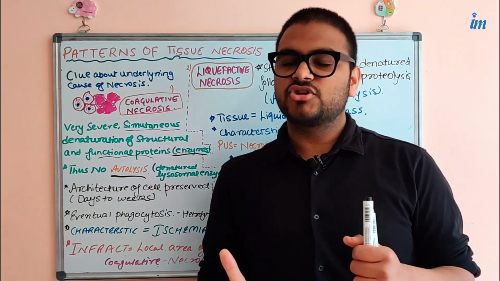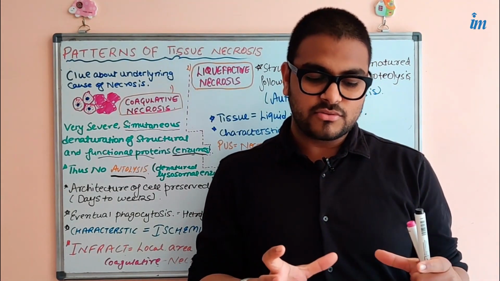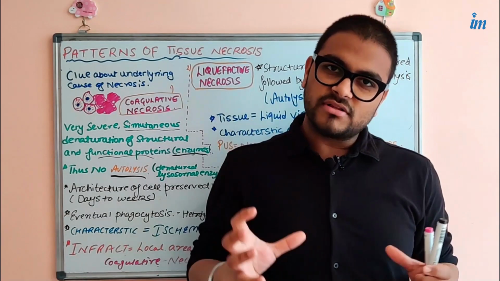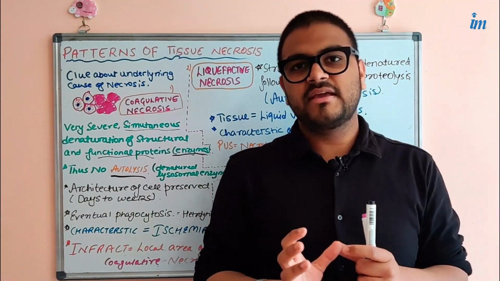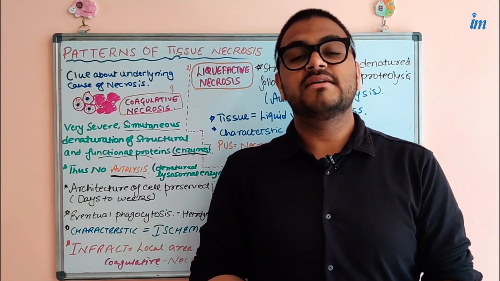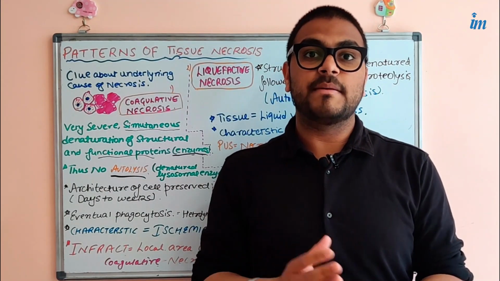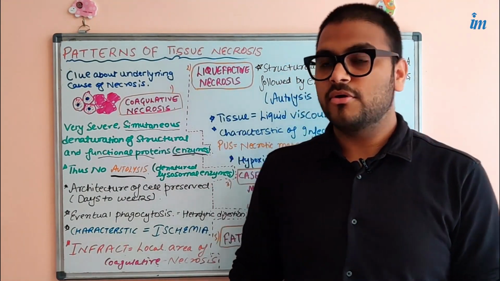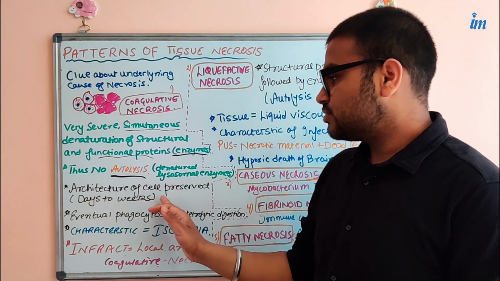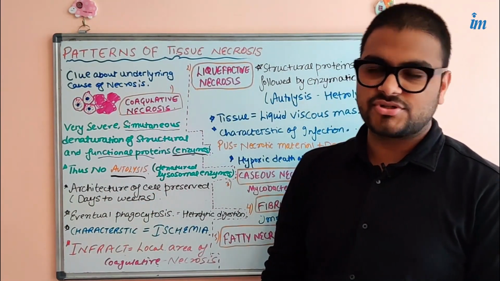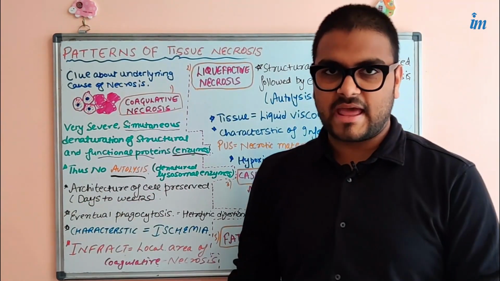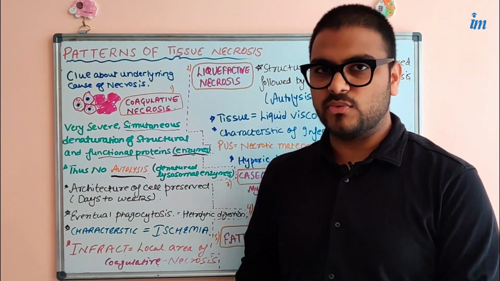Architecture means the normal histology, the wall components, the structure, they can be seen. The cell is not digested away, the membranes are not broken. The architecture of the cell is preserved, and this preservation is for days to weeks. It can remain preserved for many days and many weeks.